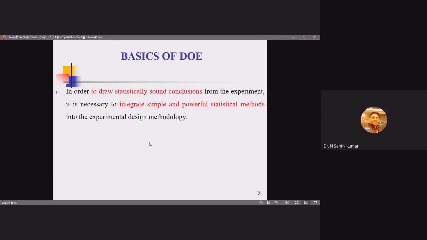Once we know these things, then we can have a sound conclusion that this is the most significant parameter that I have identified from the study. Such sound conclusions are possible with Taguchi's DOE. Since we are going to make the conclusion statistically, it is known as statistically sound conclusions. Okay, so the statistical tool that we are going to use is ANOVA, the analysis of variance.